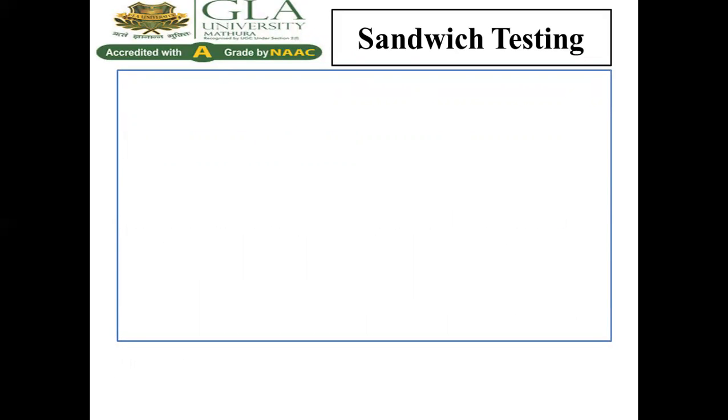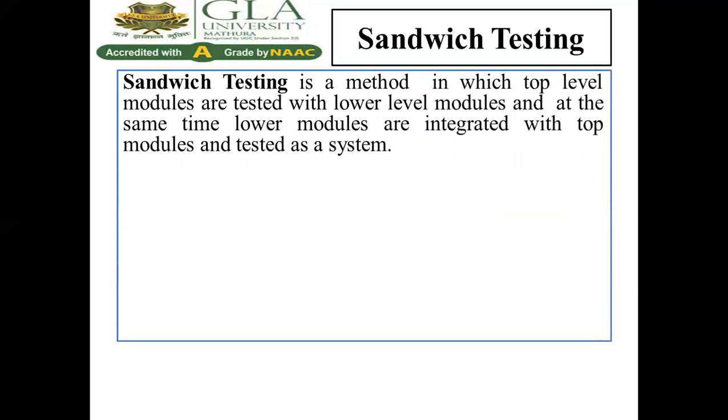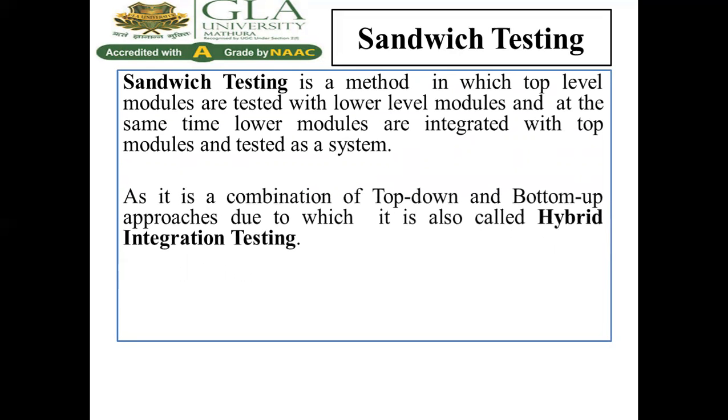Next one is sandwich testing. As we said initially, sandwich testing is the combination of bottom-up and top-down integration testing methods. In it we are combining both methods, bottom-up and top-down, so we can also call this a hybrid testing method, hybrid integration testing, because we are using different methods of testing.